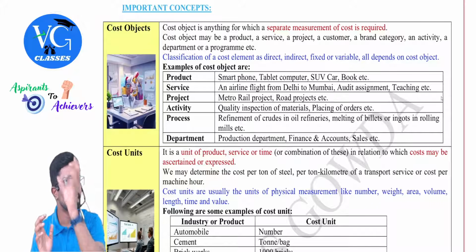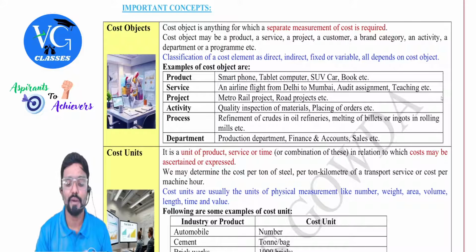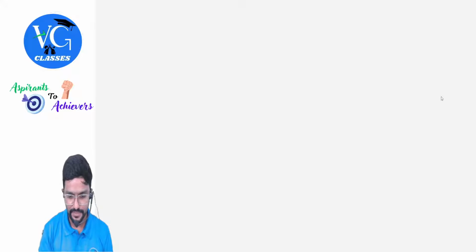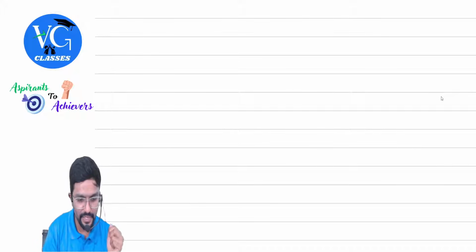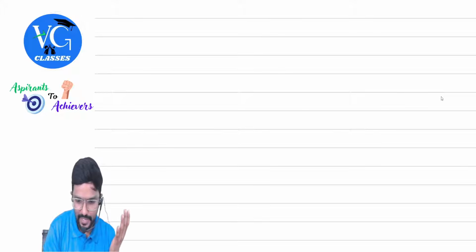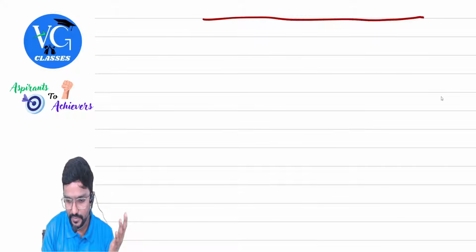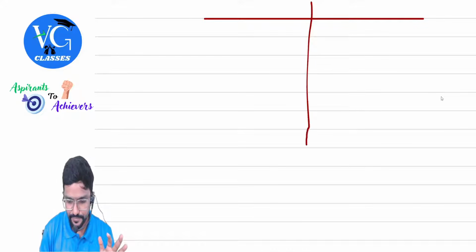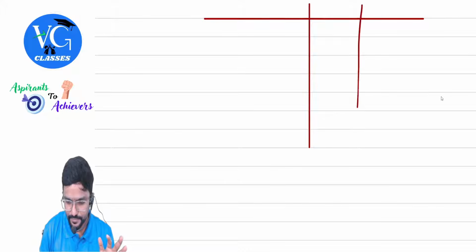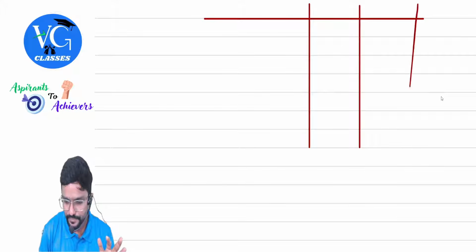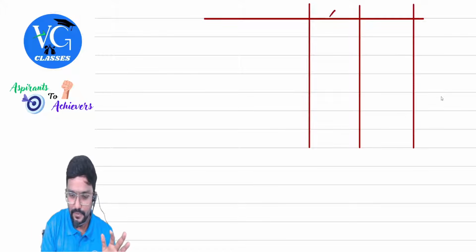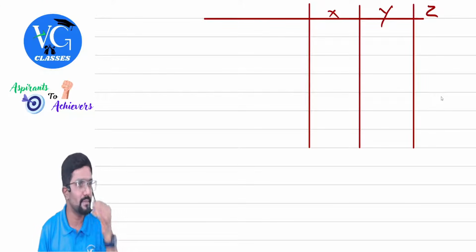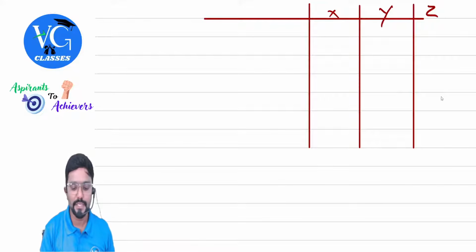Now listen. Sir, we have got the cost of 3 production departments. Just a minute. Assume we have 3 production departments X, Y, Z. Guys, I am already connecting to the next thing now. At the end of secondary distribution, we got a total cost or total overhead.